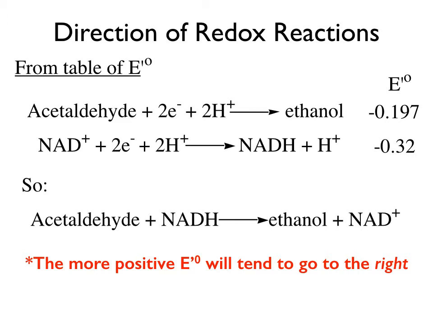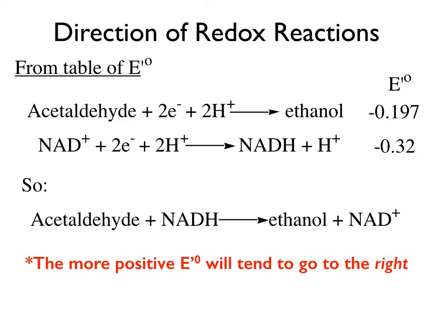Another very important reaction for electron transport is the reduction of NAD+ to NADH. That also involves the transfer of 2 electrons, and the voltage is minus 0.32. So if these 2 reactions are coupled, we can sum those reactions and write the reaction as you see down below.